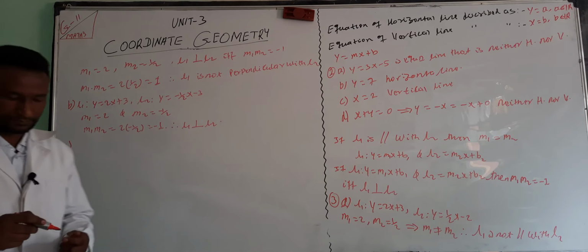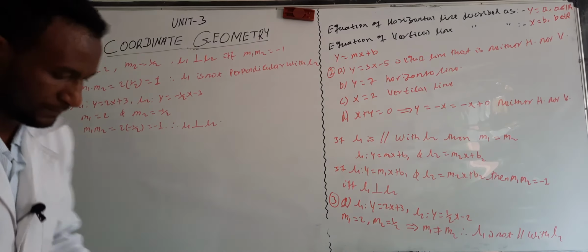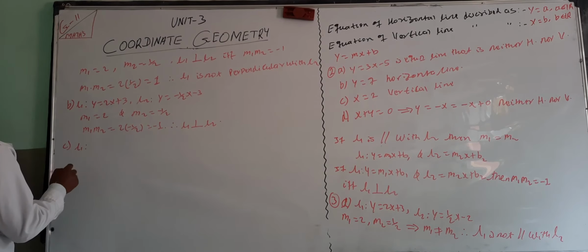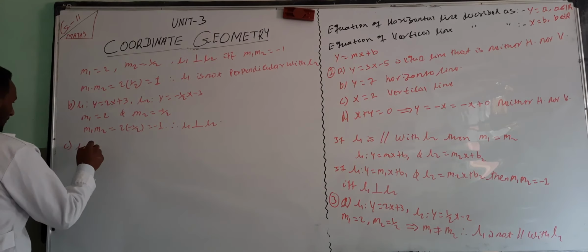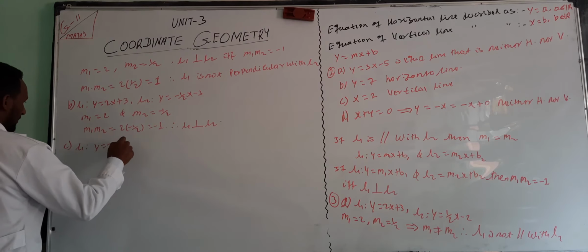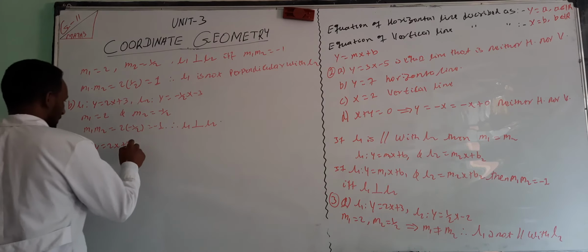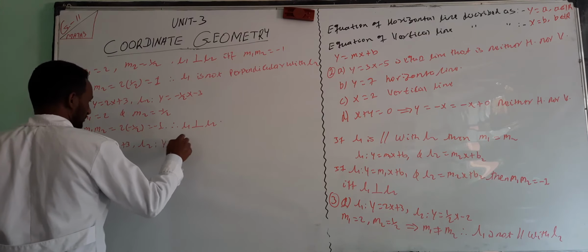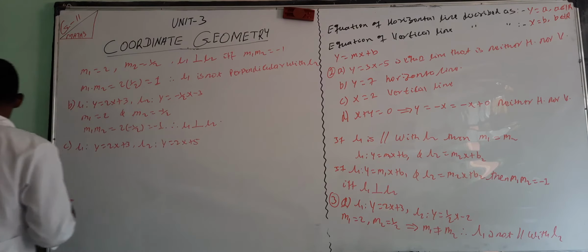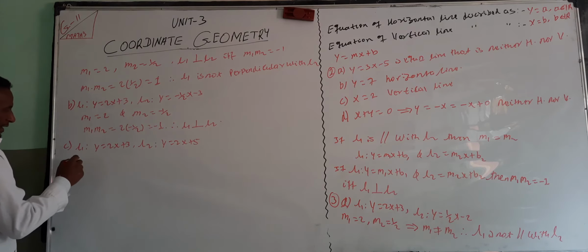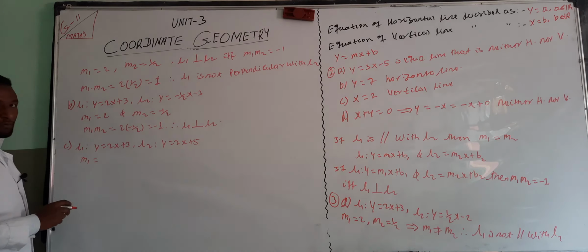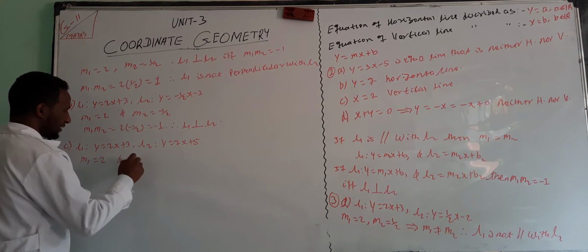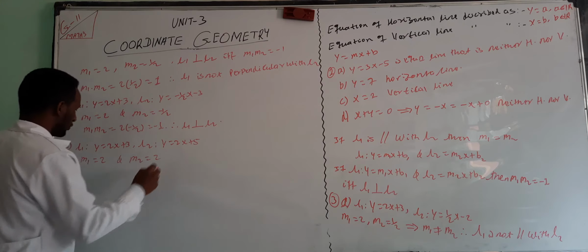C. L1 is described by y = 2x + 3. L2 is described by y = 2x + 5. Then m1, the slope of line 1, is 2 and the slope of L2, m2, is also 2.